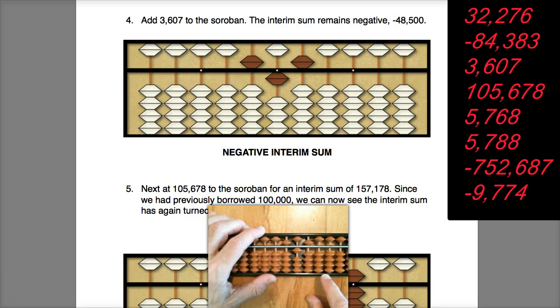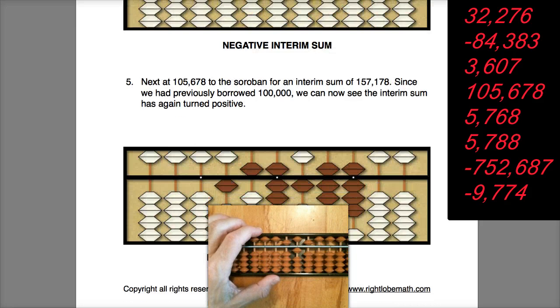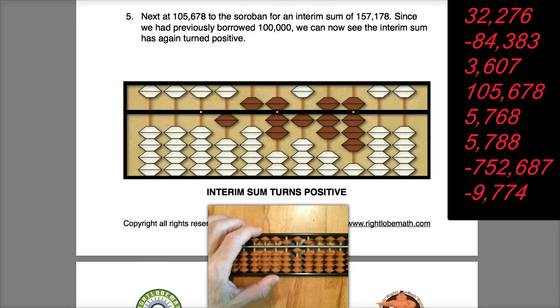So that leaves us with this interim sum that would be a minus 48,500. Okay, so let's continue on with the problem. And next we're going to add 105,678. Okay, so let's go ahead and do that.